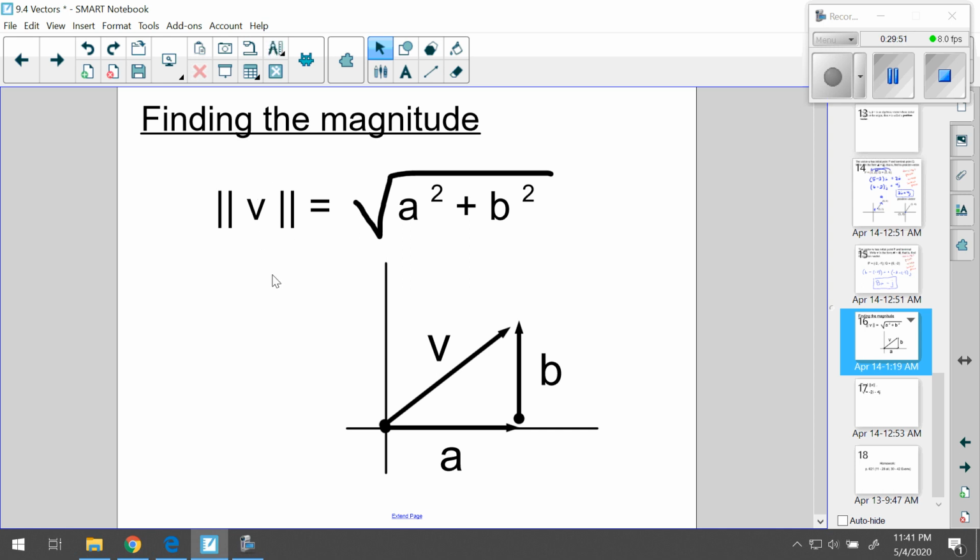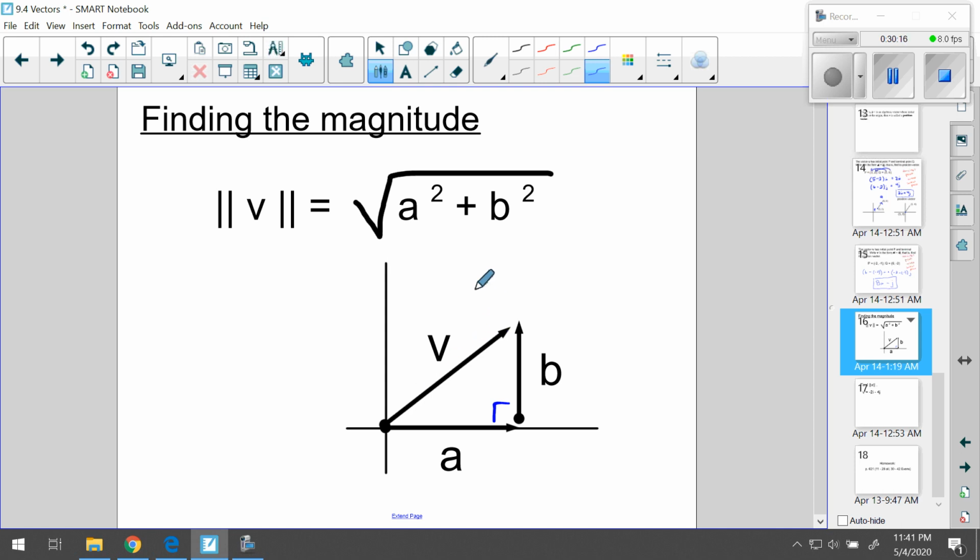And to find the value of the magnitude, since it's a distance, and it can be the distance of a right triangle, we can simply use the Pythagorean theorem. So if, let's say, v is the sum of vectors a and b, the magnitude of v should just be the distance of that hypotenuse.